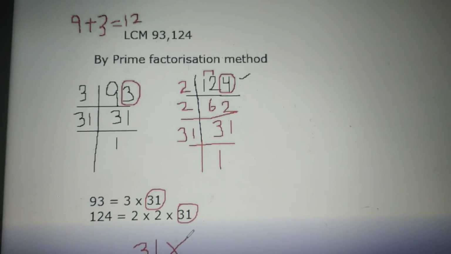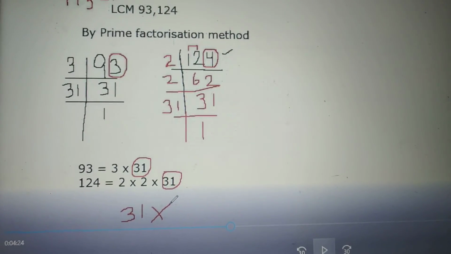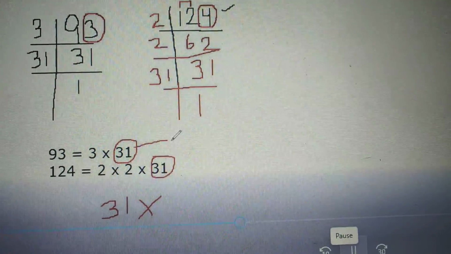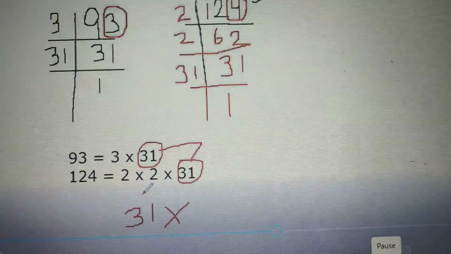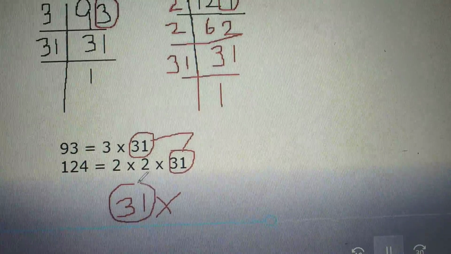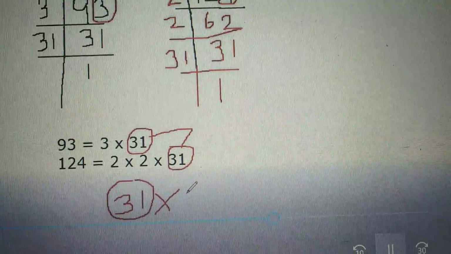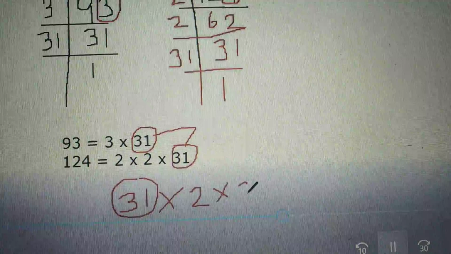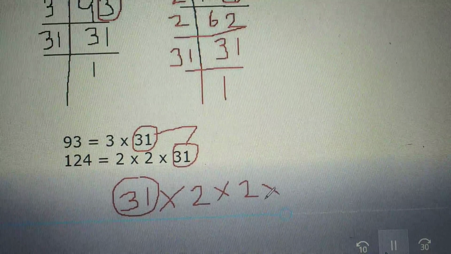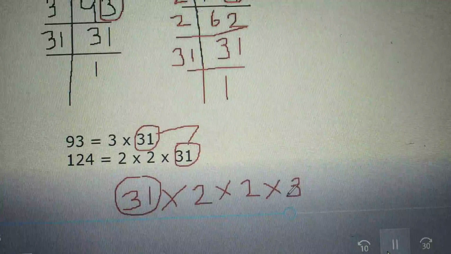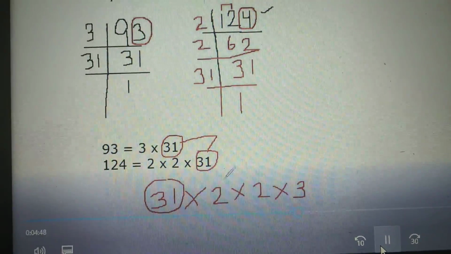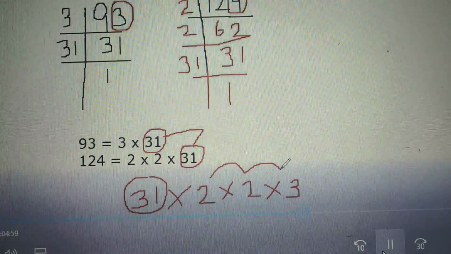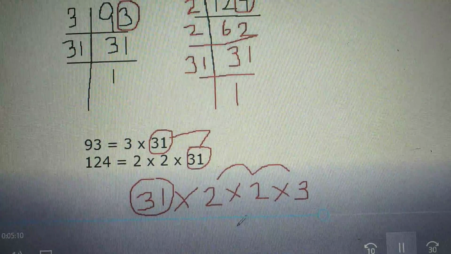But now in LCM, after taking out the common number, I take this 31 as a single number, and the rest of the factors I will write as it is: 31 multiply 2 multiply 2 multiply 3. Now I will multiply them all. 2 2s are 4, 4 3s are 12, and 12 multiply 31 is 372.